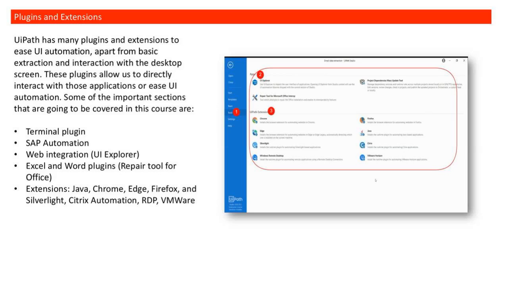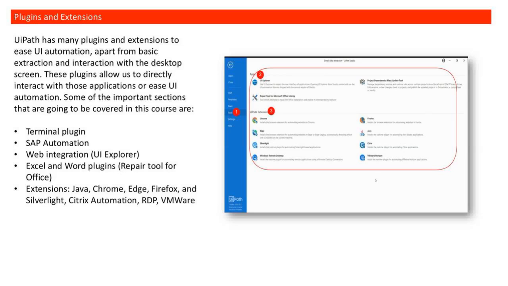Not only this, there are different types of applications, like Java or Silverlight based applications, or applications which work in a remote desktop environment like Citrix. For all those things, UiPath has provided extensions. Those can be enabled from the tools.